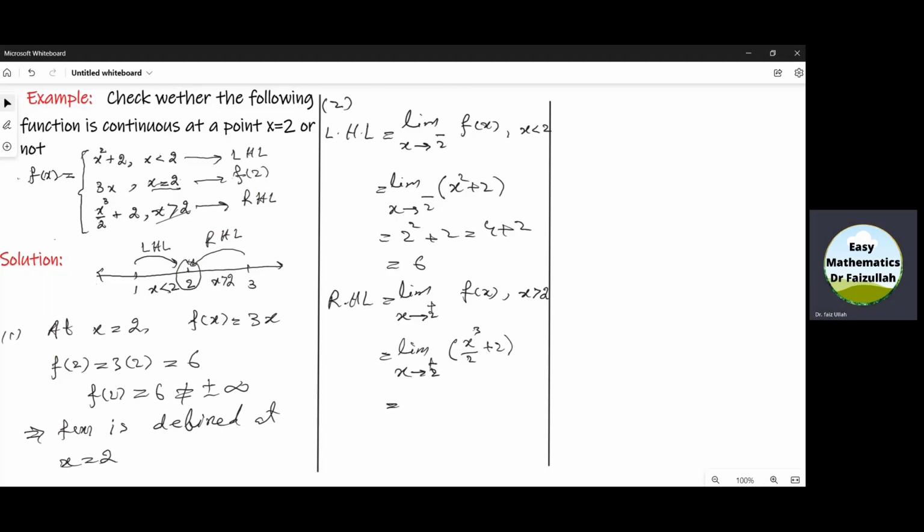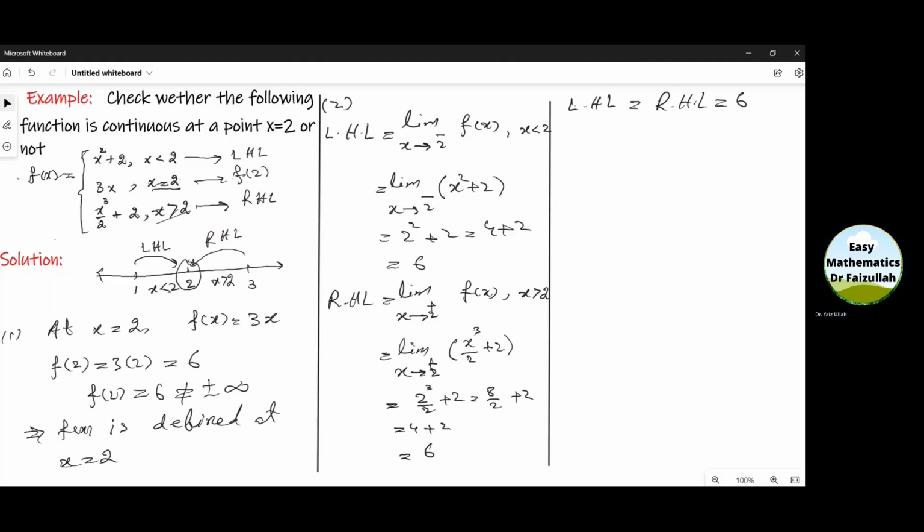Let us substitute the values. So we have 2 cube divided by 2 plus 2. This is equal to 8 divided by 2 plus 2. And if we simplify, this is equal to 4 plus 2, and now this is equal to 6. We can see that left hand limit is equal to right hand limit because both are equal to 6. So second condition is satisfied.